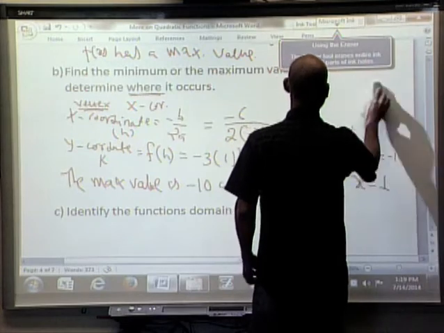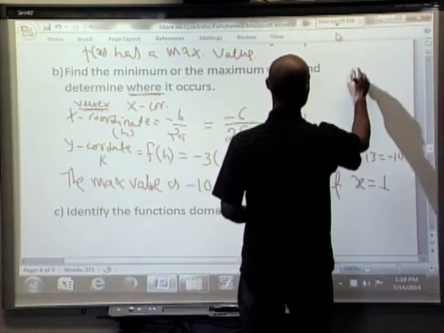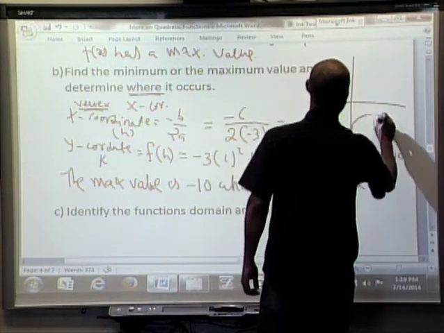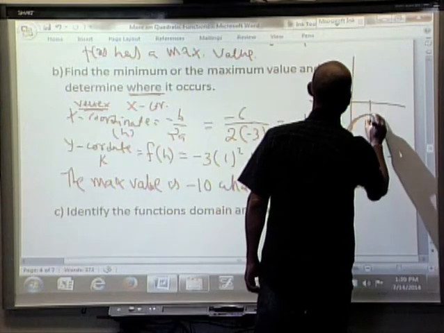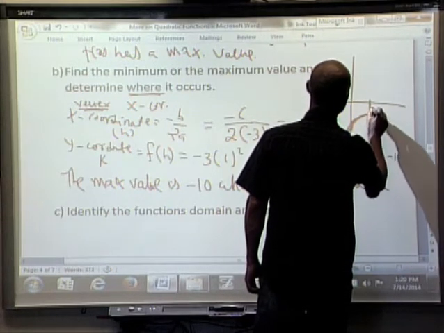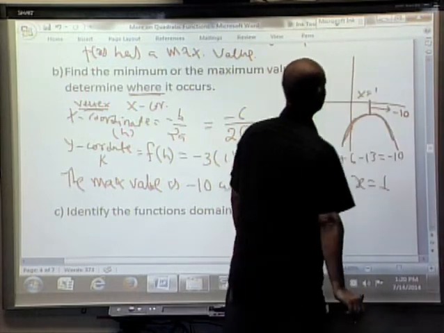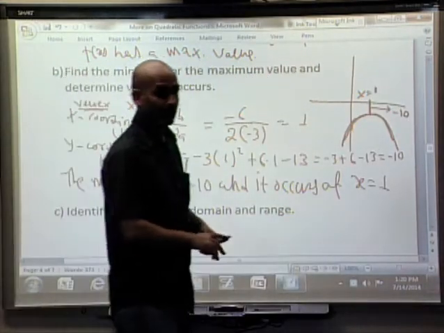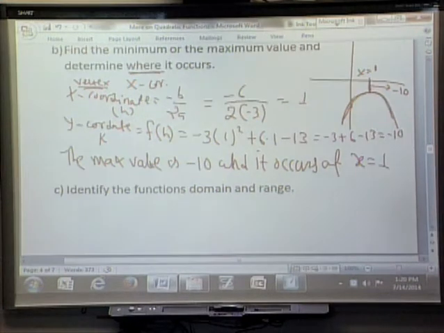So, the graph should look something like this, x equal to 1. So, this is x equal to 1 and this is the maximum value, and this is -10. Okay, so we know how to find the maximum value of the parabola.